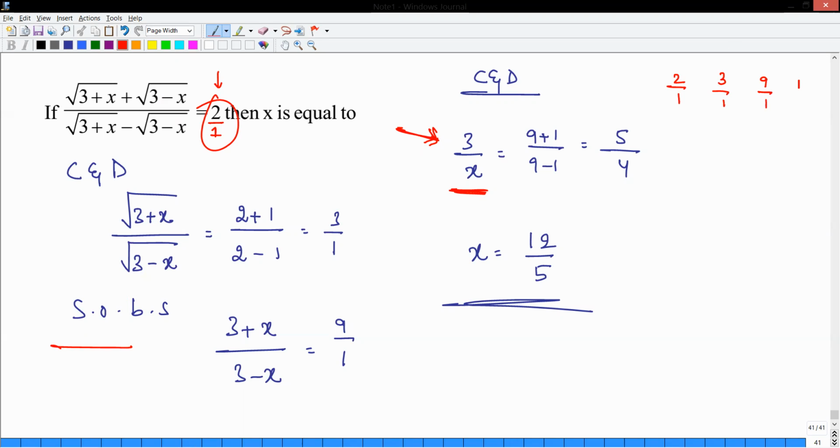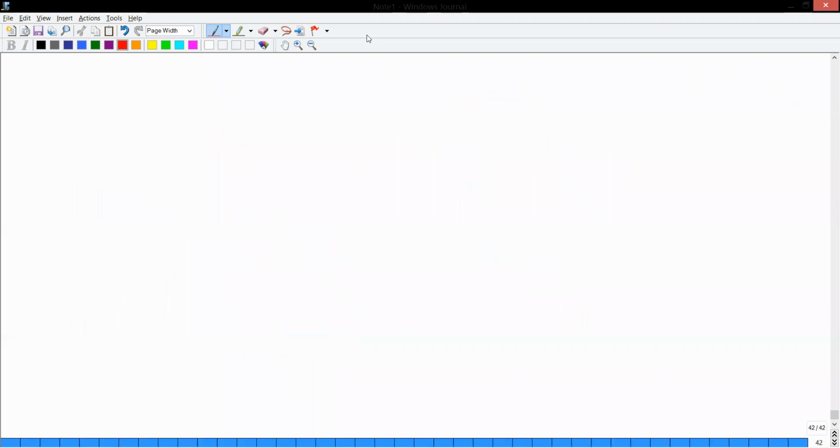Then again componendo and dividendo, 10 by 8. So directly you can write 3 by x is equal to 10 by 8. If you concentrate enough, you don't need to write all these steps again and again. Hope I made it clear.